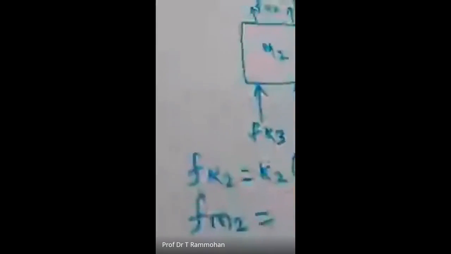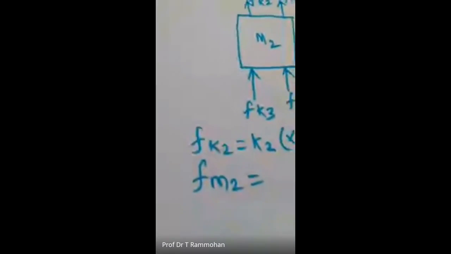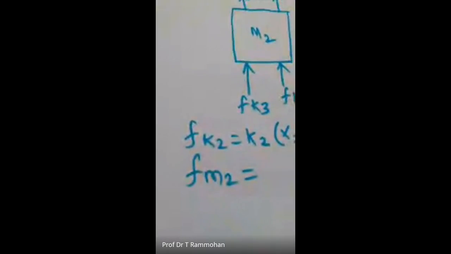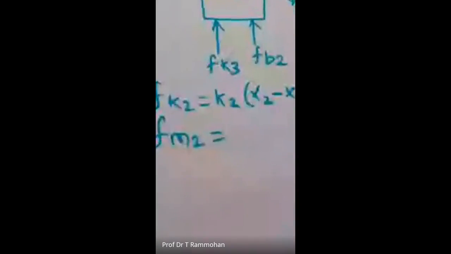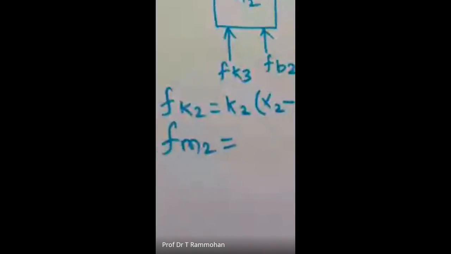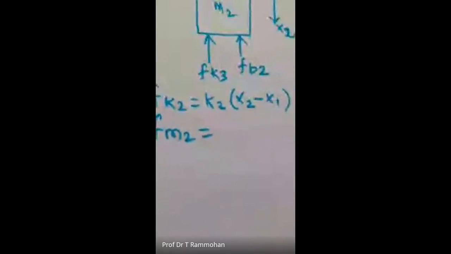So FM2, to answer FM2, I call somebody from B section. Prasant, you can unmute and answer. What is FM2?